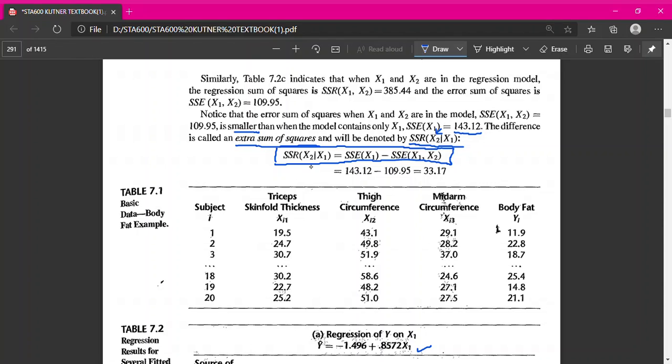Okay, when we added X2 while X1 is already in the model, so the formula will be SSE X1 minus SSE X1 X2. Okay. So this is the value, 33.17 here.